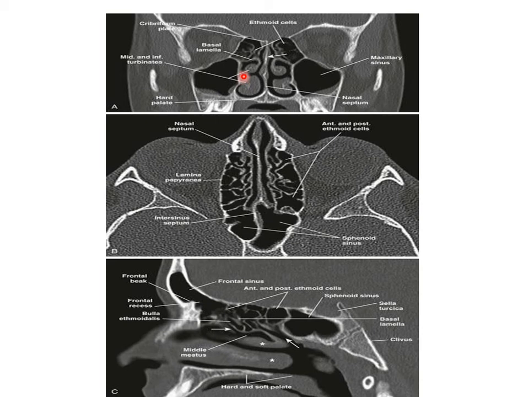It's a common drainage pathway of the maxillary, frontal, and anterior ethmoid sinus drainage to the osteomeatal unit. Inferior meatus is inferior to the inferior turbinate, drains the lacrimal duct.